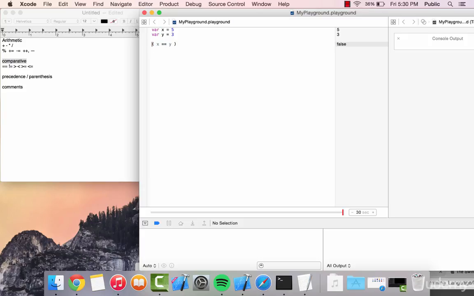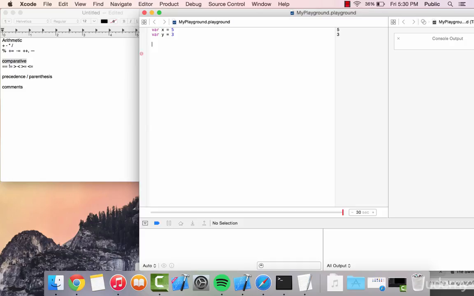Okay, so the thing is you can use these in if statements, and we have used these in if statements before. And so that's really where a lot of the power is for these. And you can store them in Boolean variables as well. So equals equals tests for equality, not equals tests for non-equality or inequality.